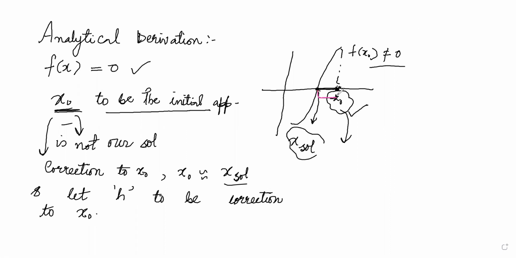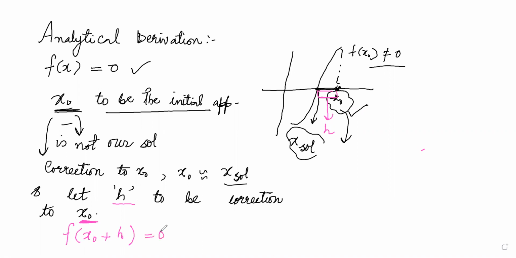This much is the correction, and let me call this correction h. So we will say that f of x naught plus h is equal to 0.